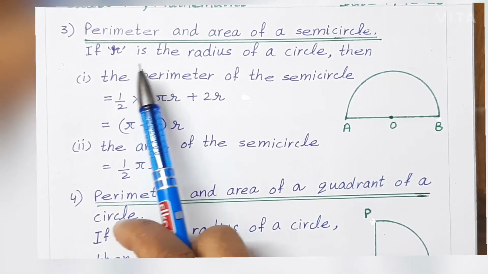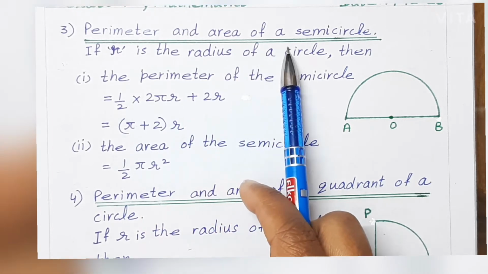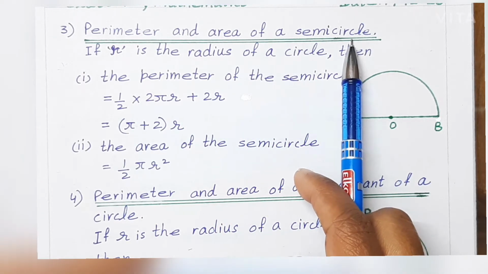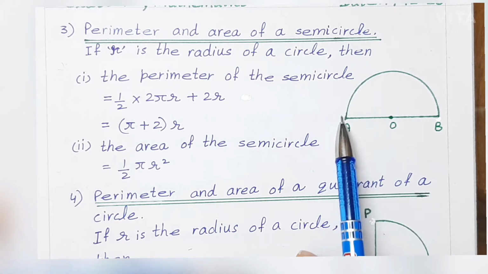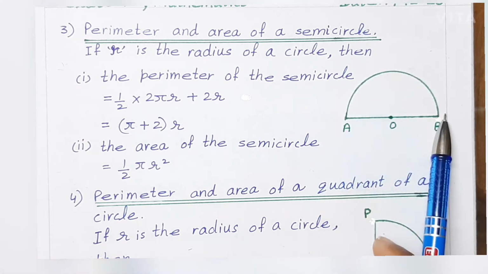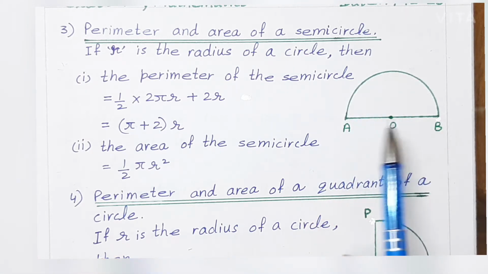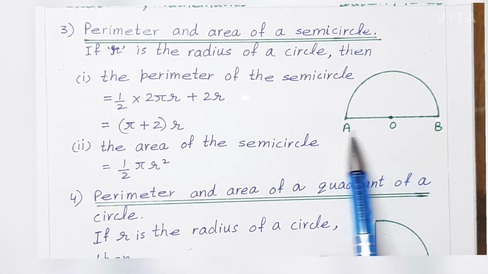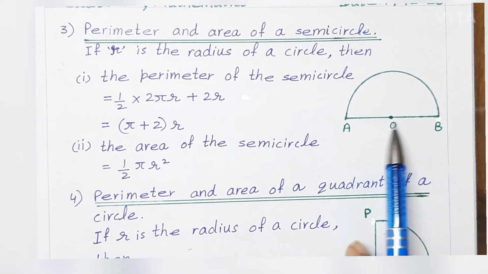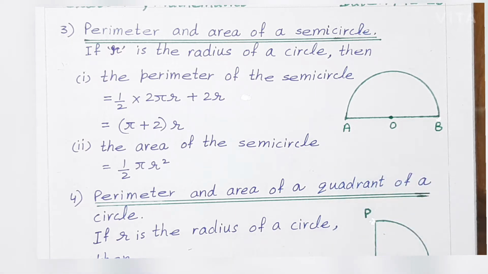Now, perimeter and area of a semicircle. Children, you know that semicircle is half of a circle. Here, AB is the diameter and we can say OA and OB are radius also. Clear?